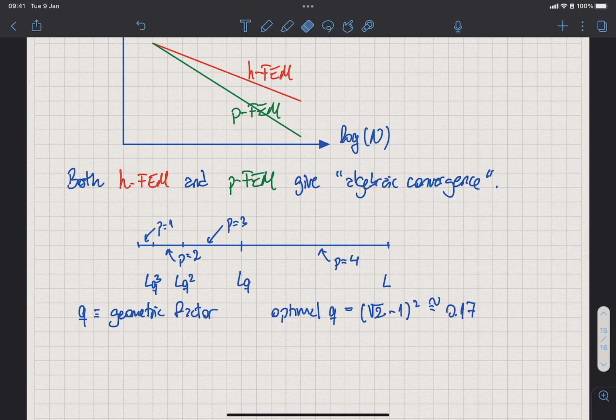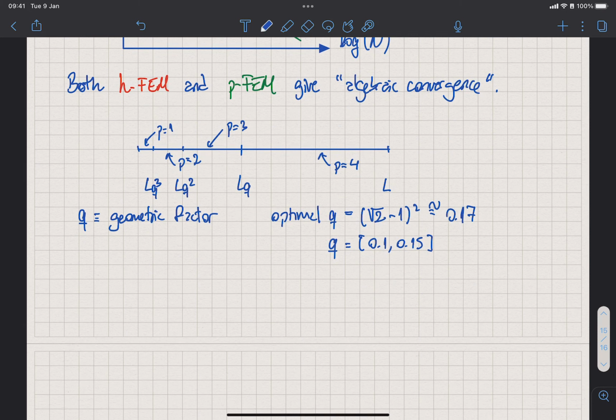And in practice, Szabó and Babuška say that using just a factor between 0.1 and 0.15 works very nicely. You still get exponential rates of convergence. Keep in mind that all of this is in 1D. In 2D things are different, but it's really out of the scope for the material that I'm going to give you in this class.